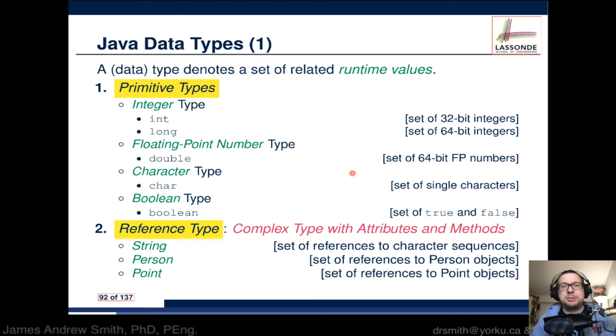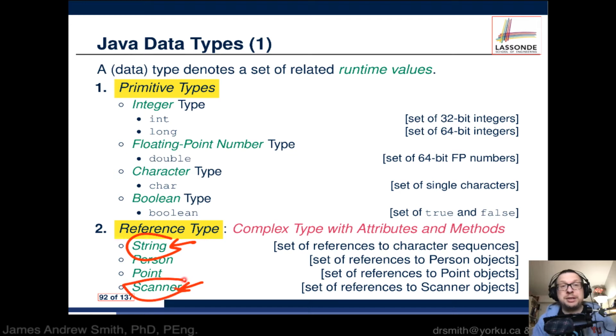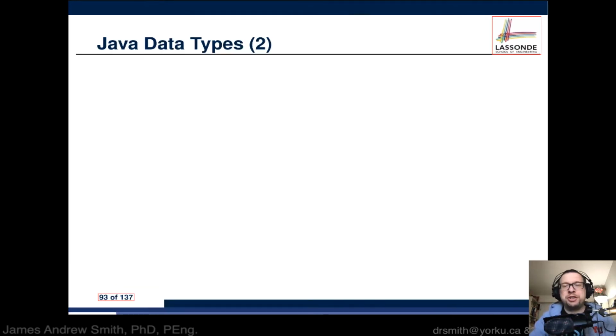String is a really common one. Person and point are course-specific, the ones we're using in class. And then we have Scanner. String and Scanner are very common reference types that we use all the time in Java, no matter what class or what project you're working on.